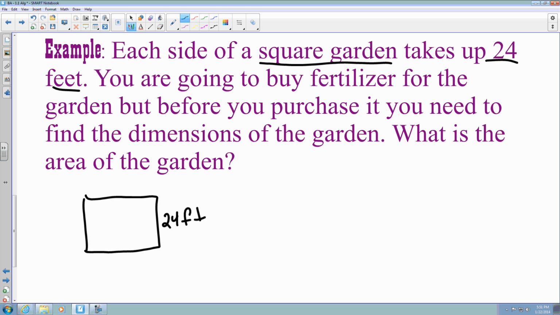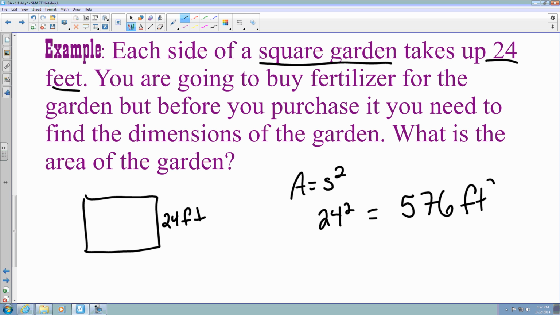I know its area is s squared. Well, s in this case is 24. So I need to find what 24 squared is. 24 squared equals 576 feet squared. Okay?